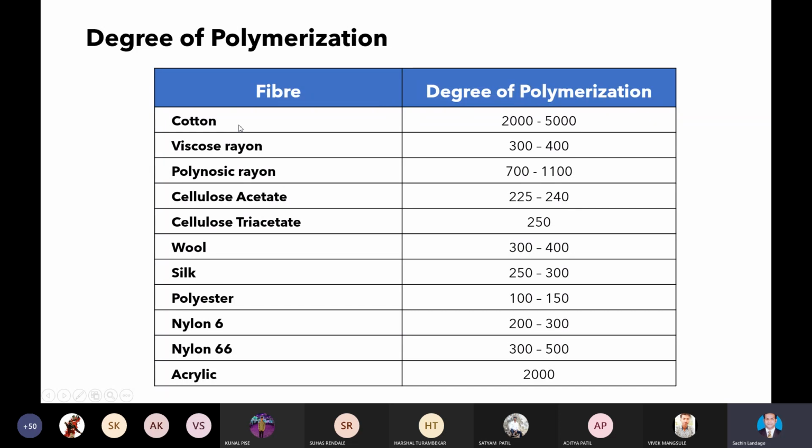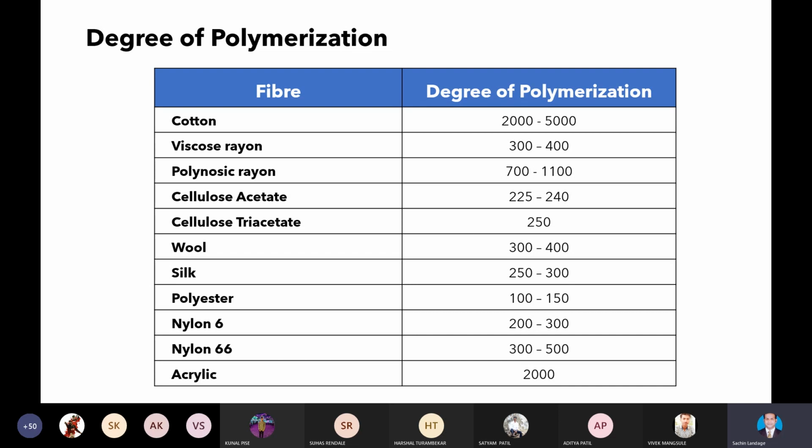From the degree of polymerization you will come to know that viscose rayon has a very low degree of polymerization. Polynosic is a little bit higher, near about 700 to 1100. Cotton has 2000 to 5000. If you compare only the cellulosics, cotton has the best strength, then polynosic, then viscose.